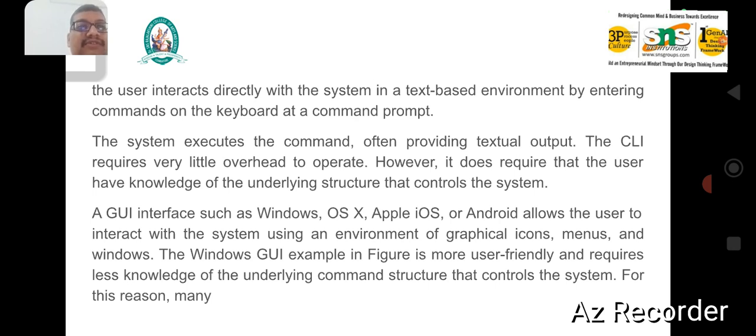The GUI, used by Linux, Windows, OS X, Apple iOS or Android, allows the user to interact with the system using an environment of graphical icons, menus and windows. The Windows GUI example in the figure is more user friendly and requires less knowledge of the underlying command structure that controls the system.